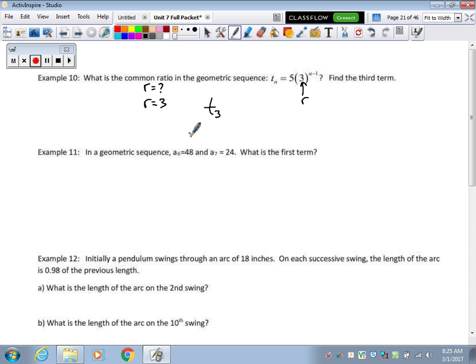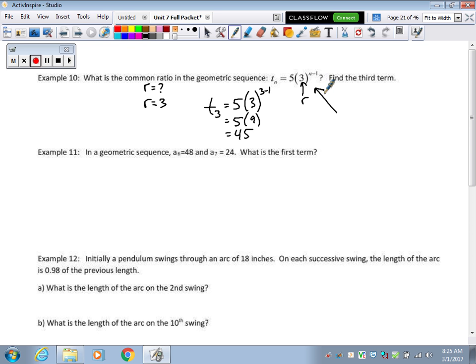It doesn't matter. Third term would be T3, which I would get by plugging in a 3. So this would be 3 squared, this would be 9. Okay, the third term is 45.